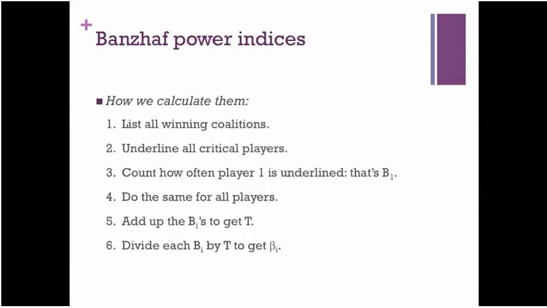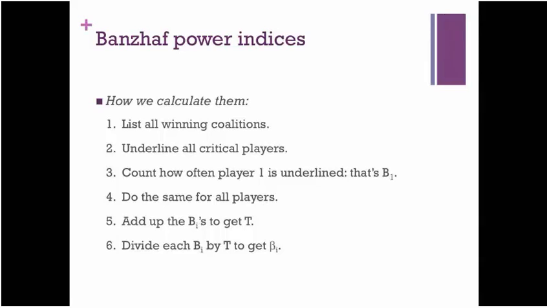Okay, so let's review how we would calculate this. First of all, we need to list all the winning coalitions. That could be a rather tedious job, but let's suppose that we go ahead and do that. We list all the winning coalitions. We then have to, in each winning coalition, indicate the critical players, and we have done that by underlining. Having done the underlining, the next step is very simple. Just count how often each player is underlined.